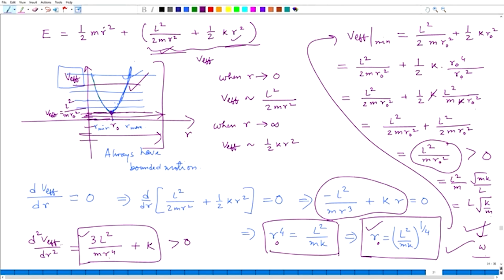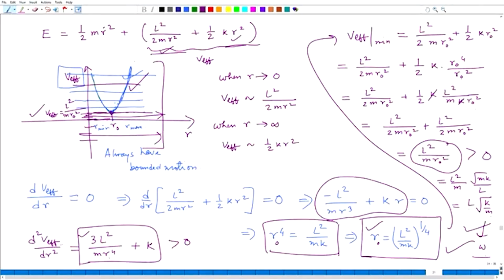Then this is actually of no use, okay, because you cannot give the system an energy which is less than the V effective minimum, because if you give the system a total energy which is less than the V effective minimum, that means you are actually giving the system a negative kinetic energy, which has no meaning in classical mechanics.